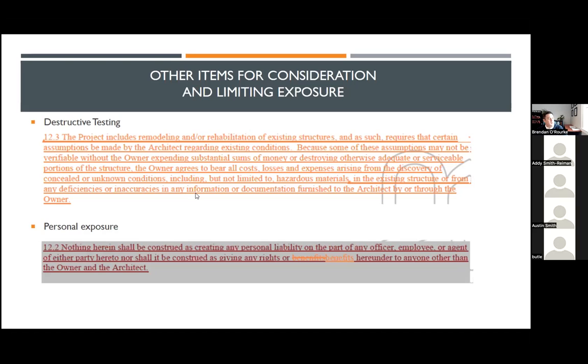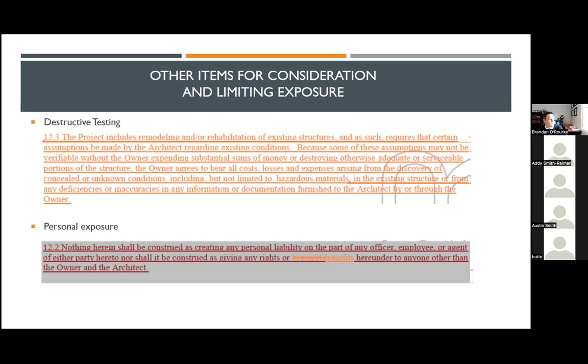I talked a little bit about personal exposure before for the principals at the A&E firm. I always include language in a contract that nips that in the bud and takes personal exposure off the table for the owner.